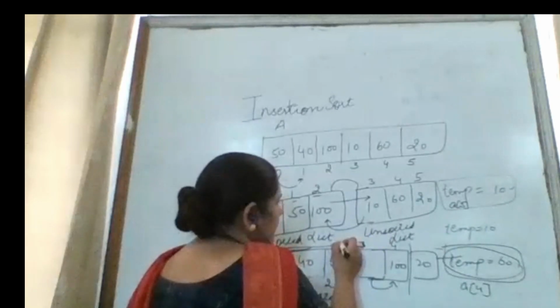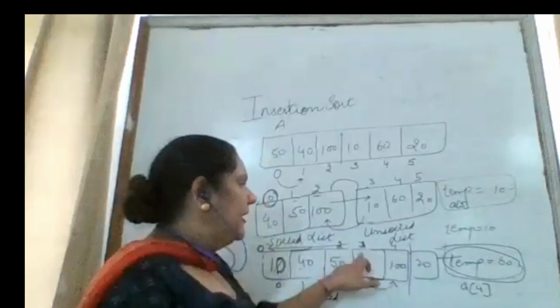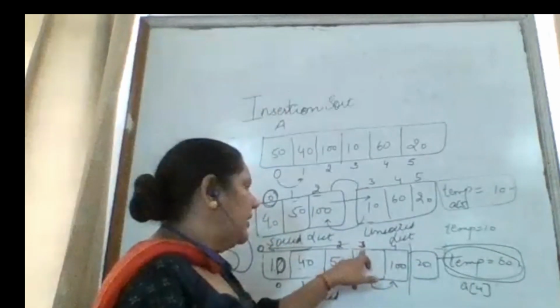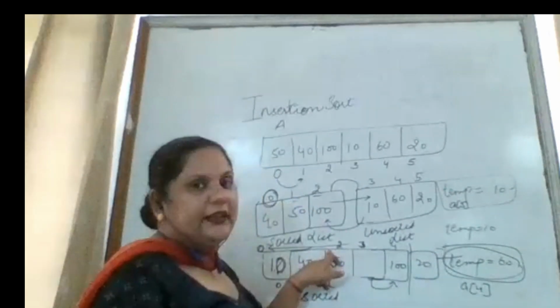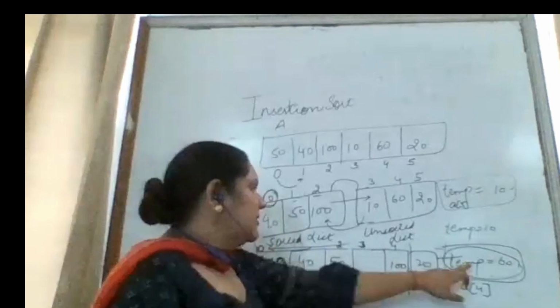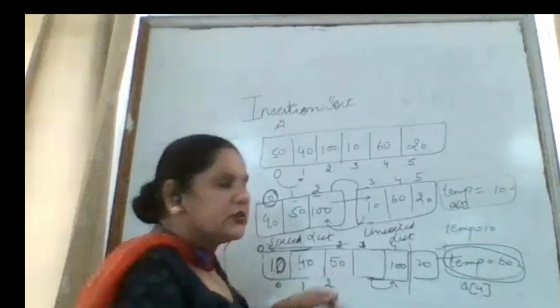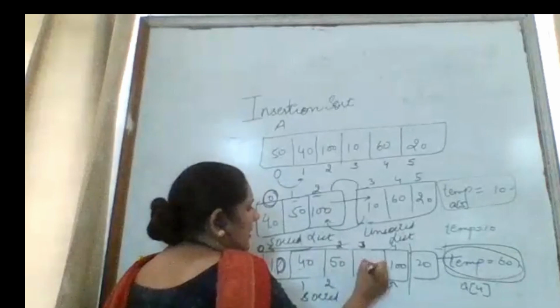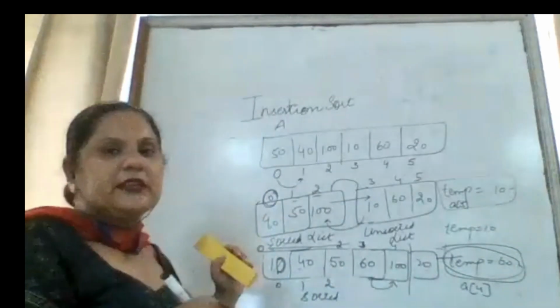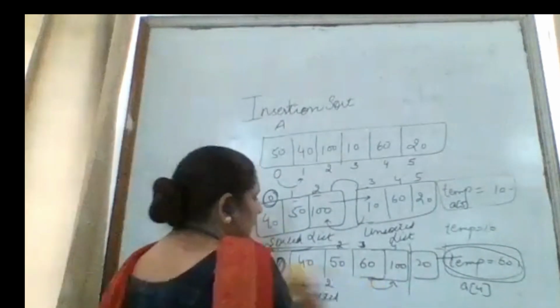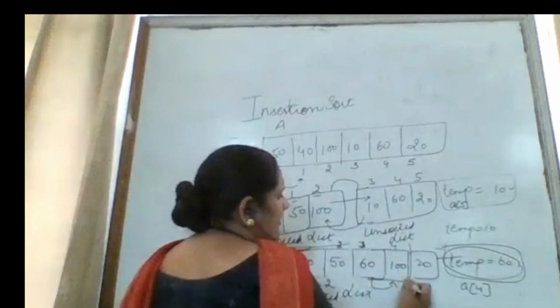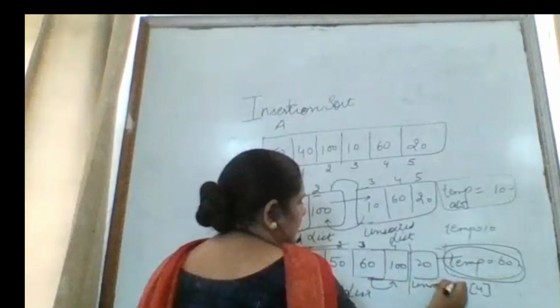So it becomes 2 because we have compared the key with index number 3. Now you will compare it with index number 2. Is 60 smaller than 50? No. So you will keep the 60 here. So this becomes the sorted list and this becomes the unsorted list.